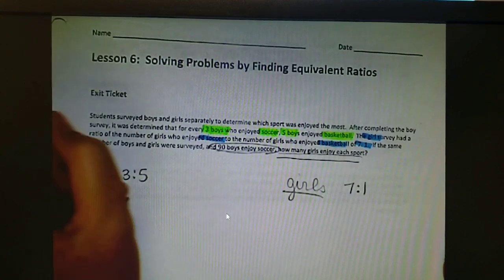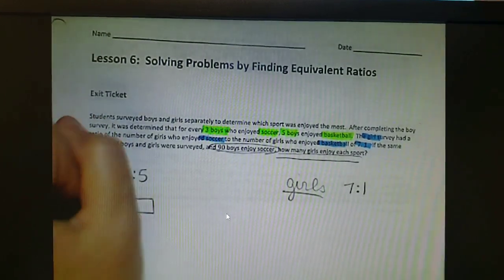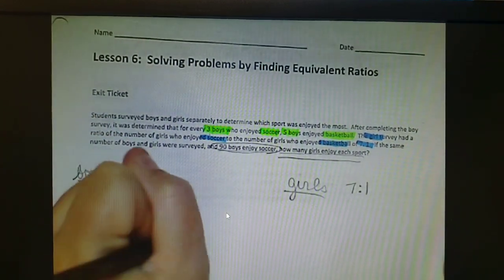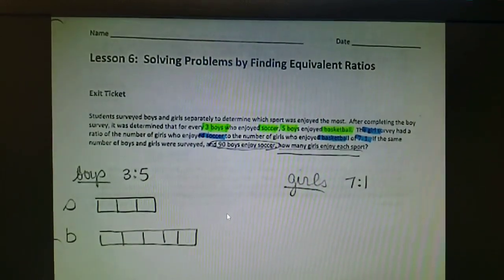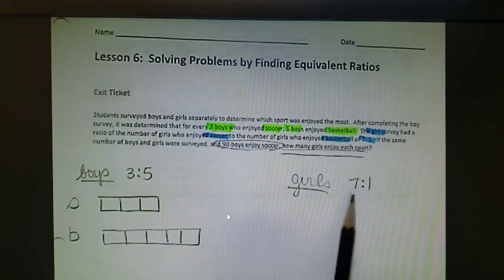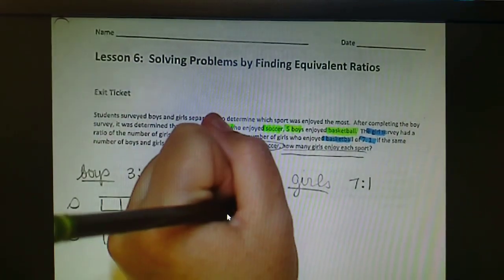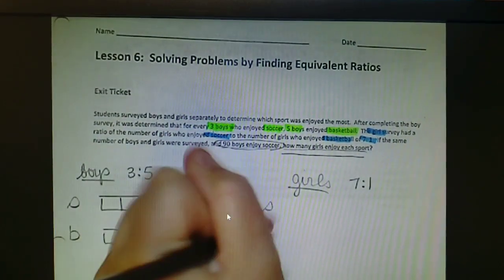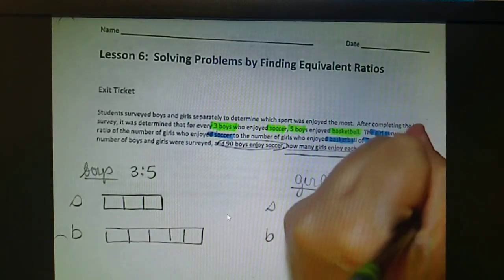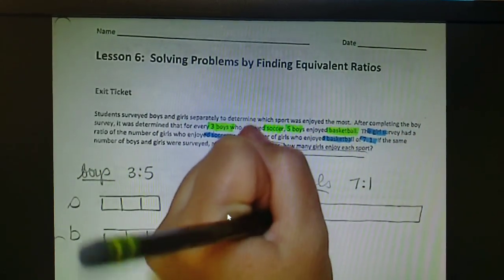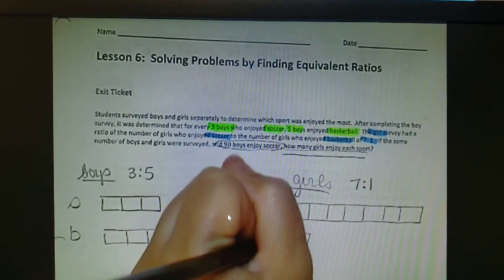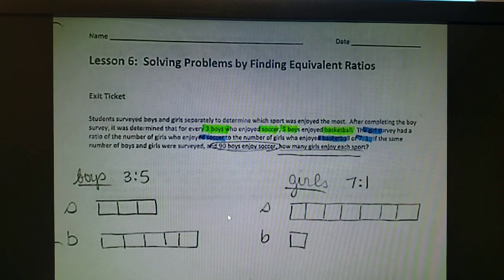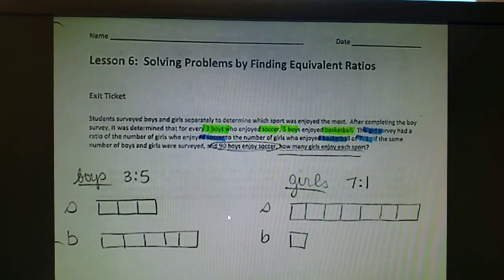So there's 3 for our first one and 5 for our second one. Okay, and then for our girls, it was a 7 to 1. Okay, it was soccer to basketball. So 7 to 1.